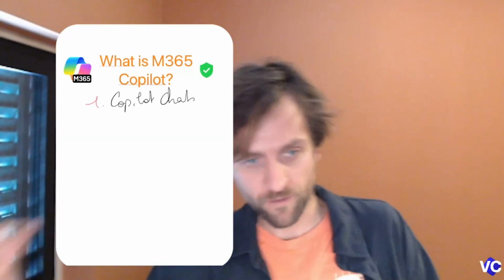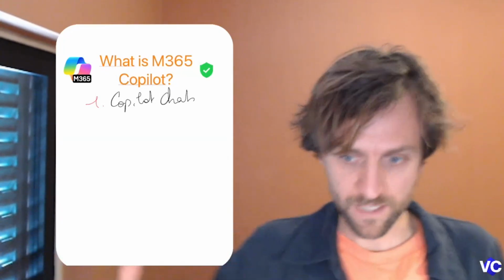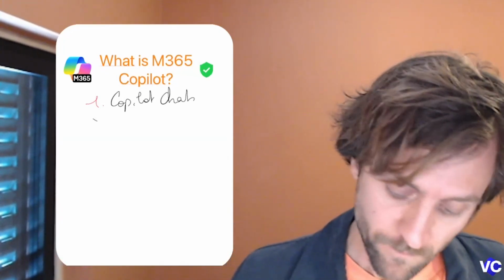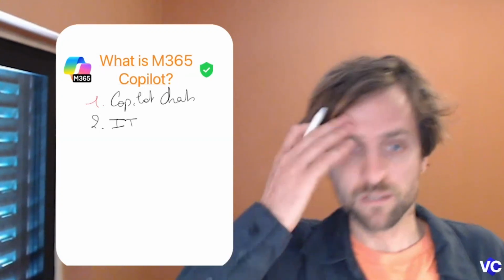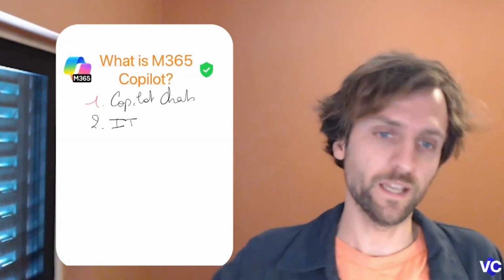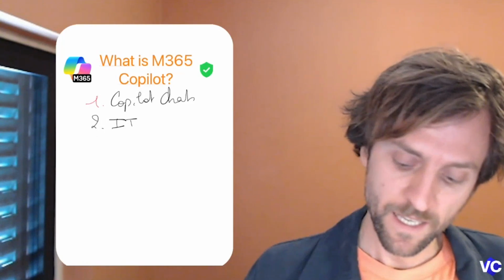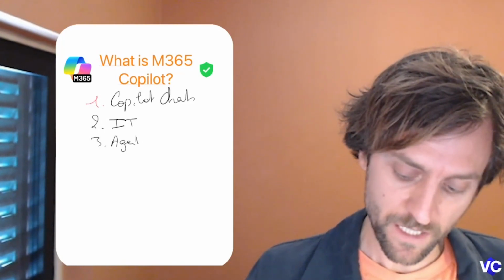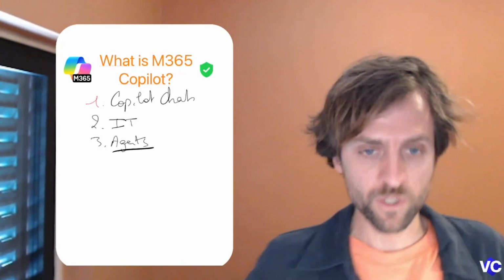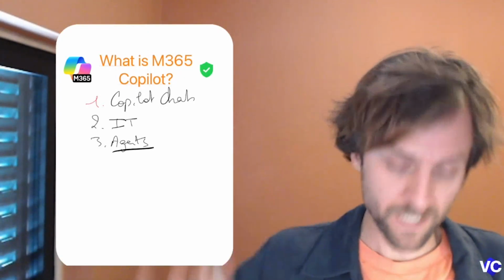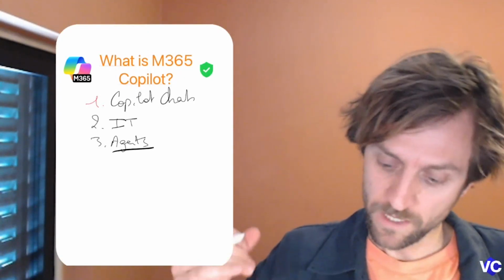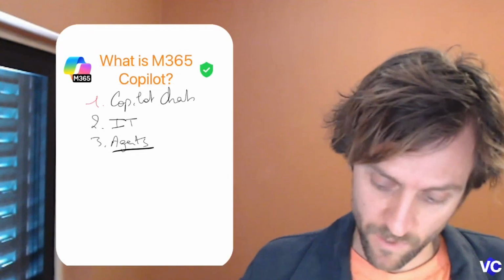If you have a Copilot license, Copilot Chat is included. Second, there is IT administration, the admin center, where they can set up policies and everything. And third, you can also build agents. Today we will not focus on agents. That will be for next month. So let's first focus on today's M365 Copilot.